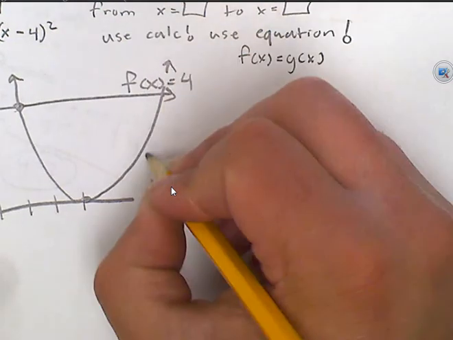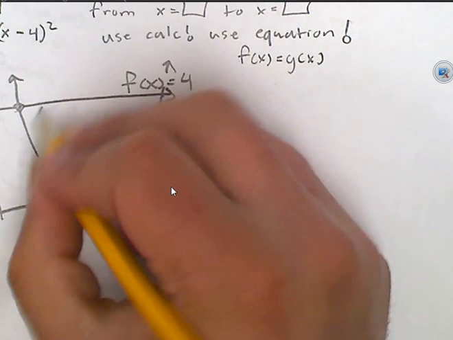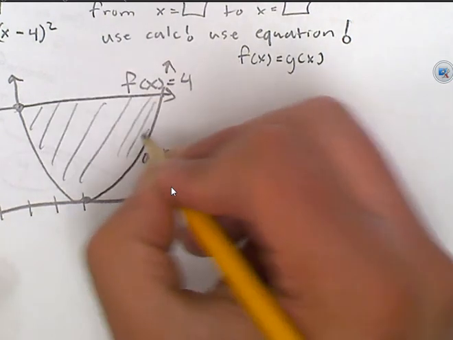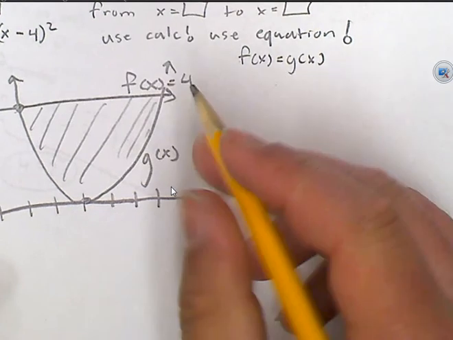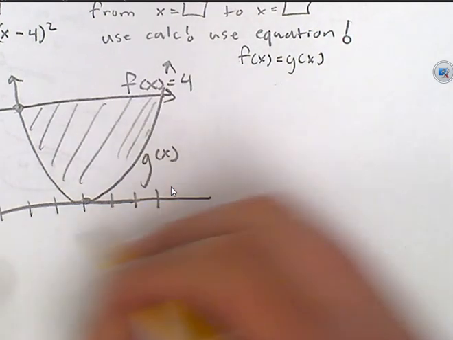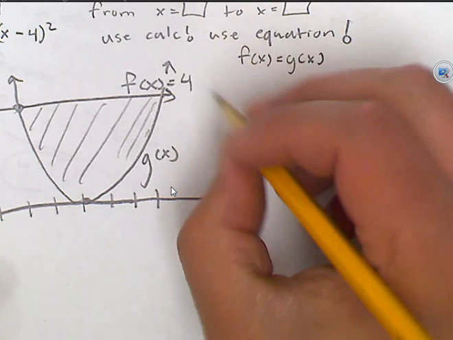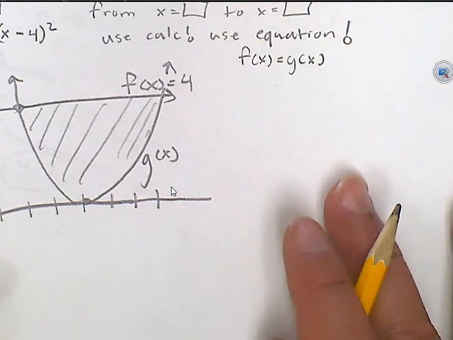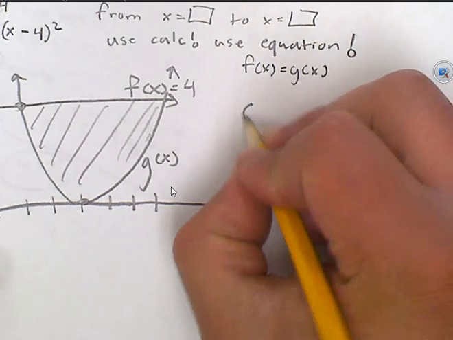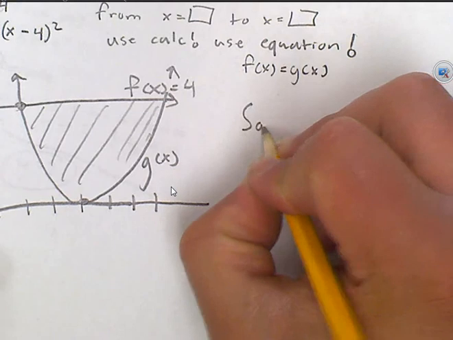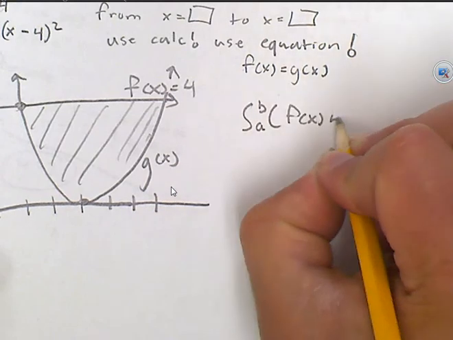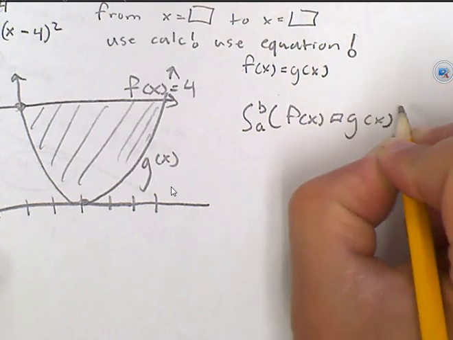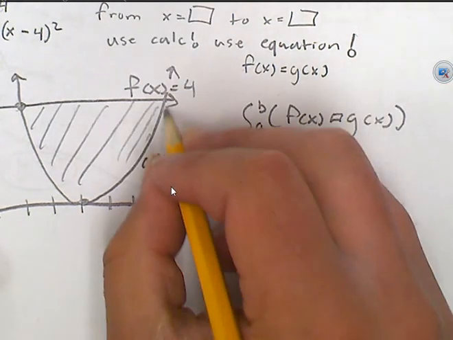There's g of x. I need to find this area. I know this is top minus bottom, so I'm going to do the integral from a to b of the top, f of x, minus the bottom, g of x, because I need to subtract out all this squiggly area.